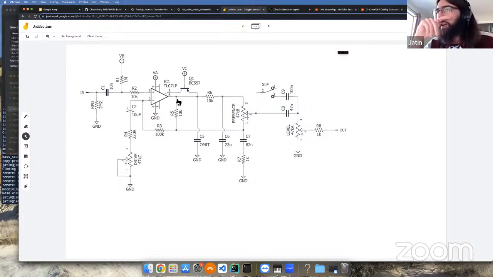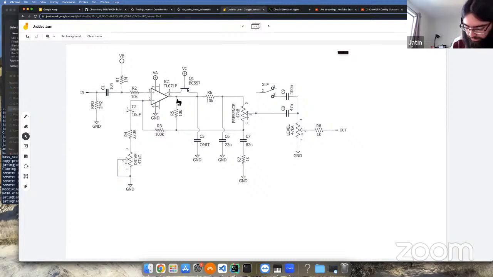Okay, so I usually actually flip it. I usually have the negative terminal of the op-amp above the positive, but it doesn't matter so much here. So basically, we're going to have the positive op-amp terminal be node 2.